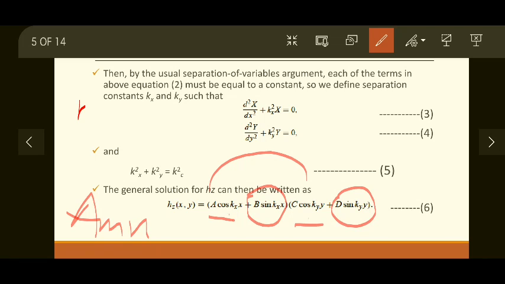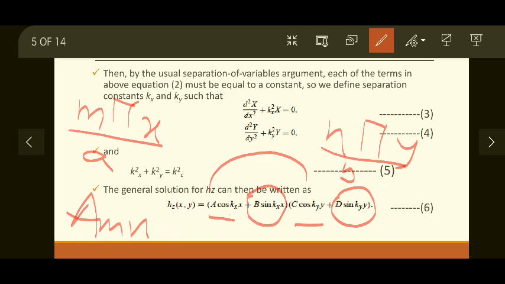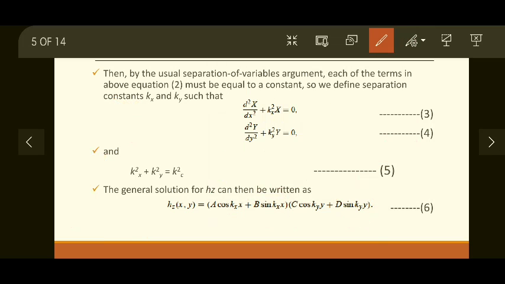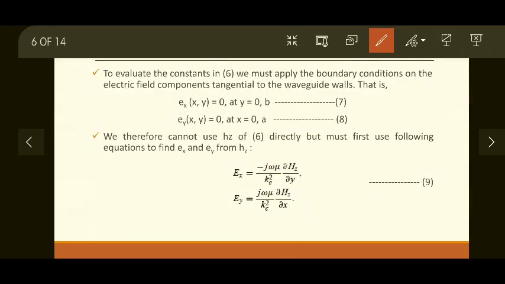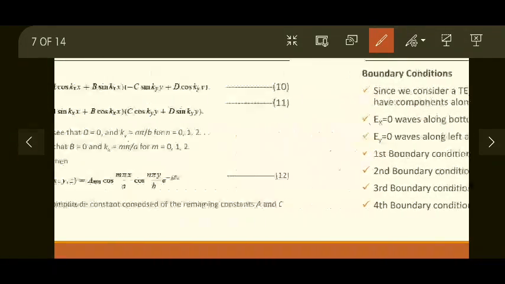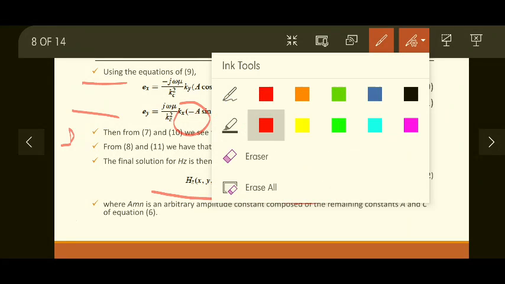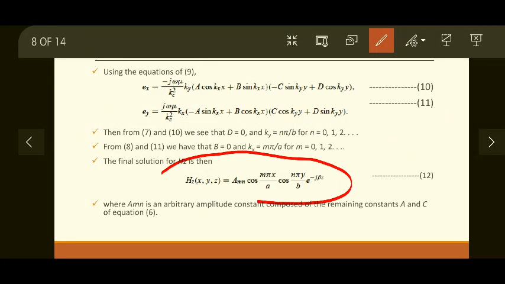Kx is replaced by m pi x by a, and ky by n pi y by b. Okay, and you multiply it by e raised to minus j beta z, which is a general procedure for Maxwell's equation. So by that you will get this particular answer for Hz.